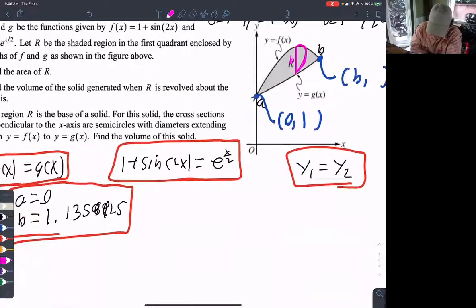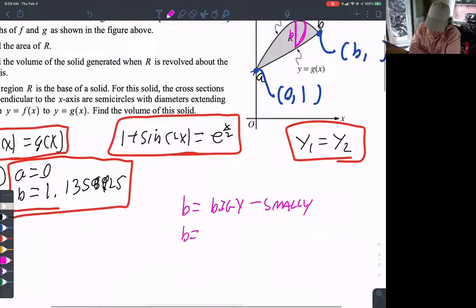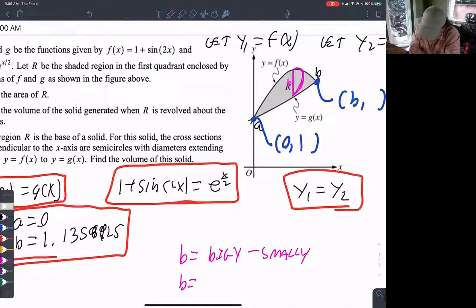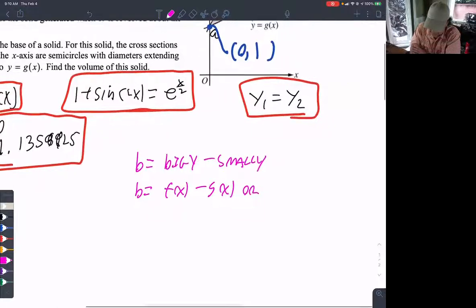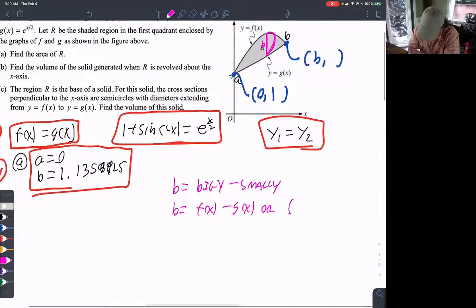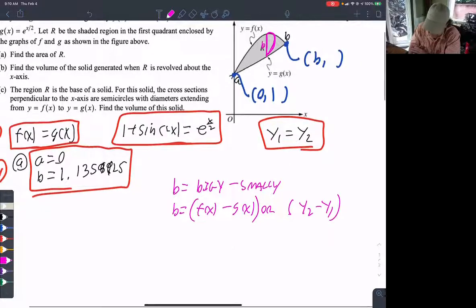So down here, I'm going to say B is big Y minus small y. So what's big Y? Big Y is f of x. Small y is g of x. So you could write f of x minus g of x, or you could have said y2 minus y1.